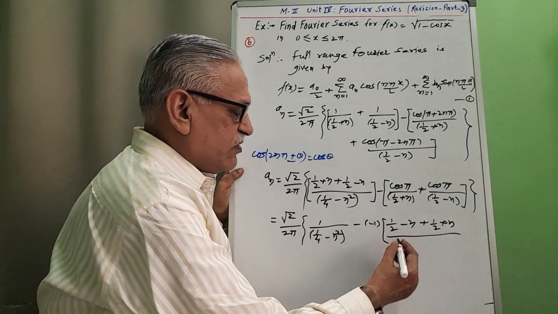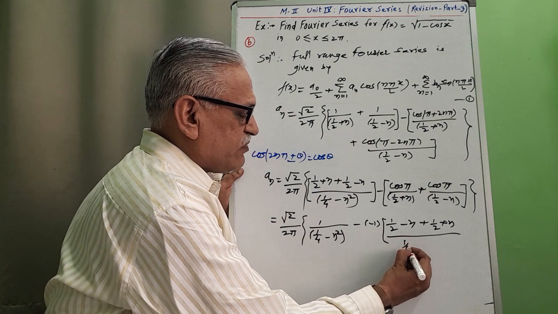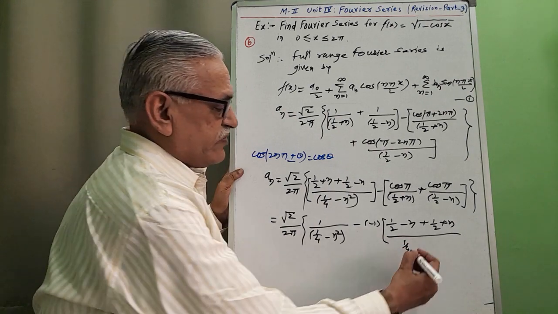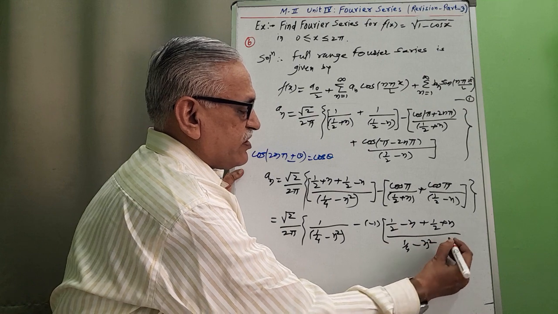That product is a square minus b square. a square means 1/2 square, 1/4, and minus b square, n square.